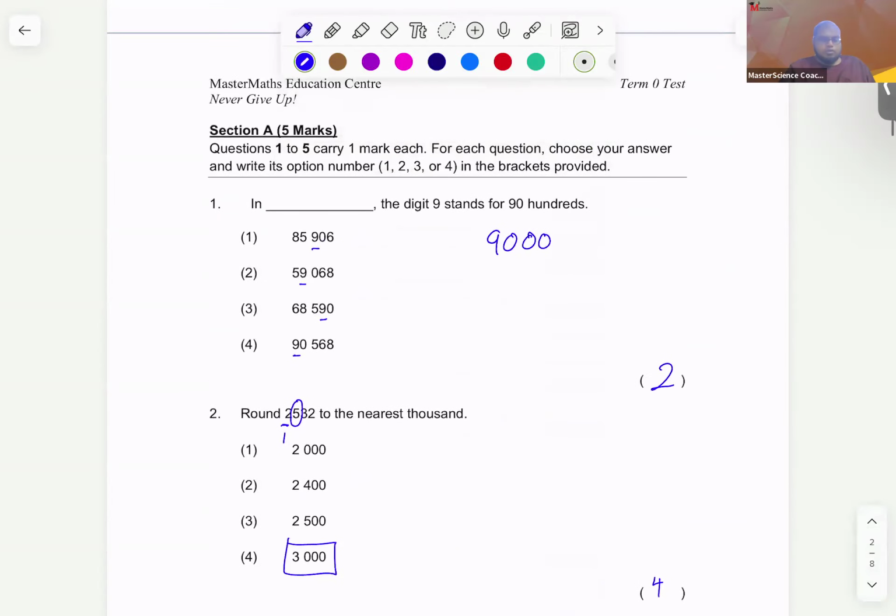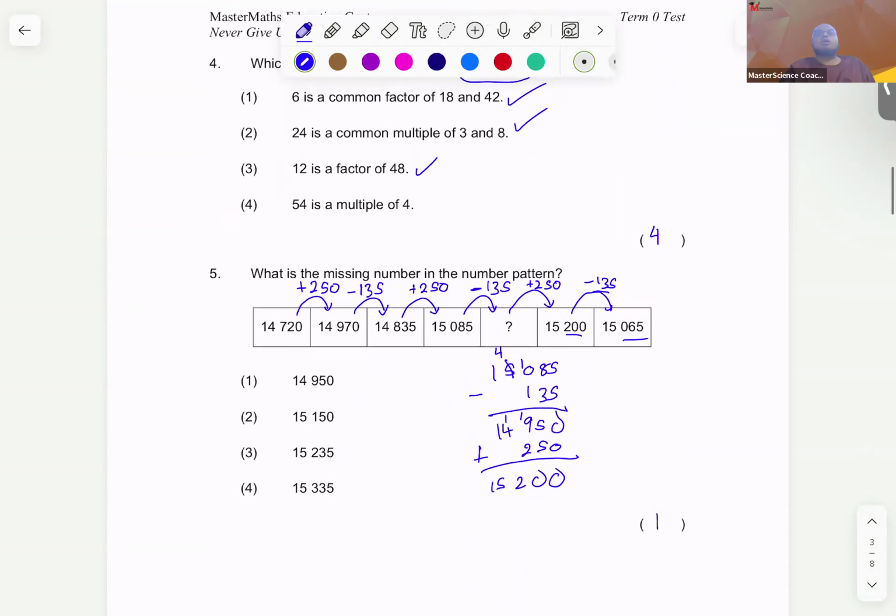Question one is one that we look for the 9,000. Okay. So far, all okay. So far, 1 to 5.